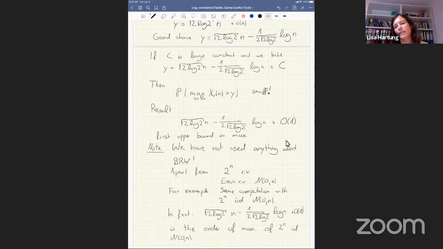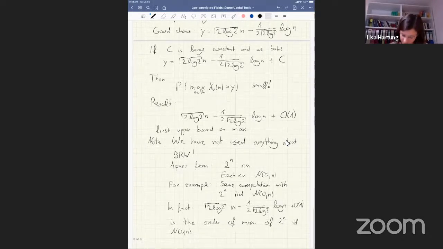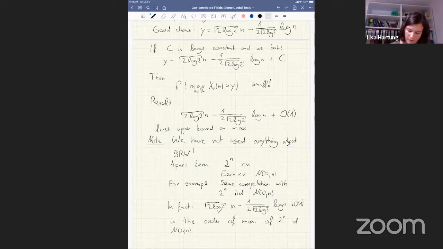So we see that with this Markov inequality, due to correlations, the maximum is not higher than in the independent case. And what we would like to understand now is whether this is actually a good answer.